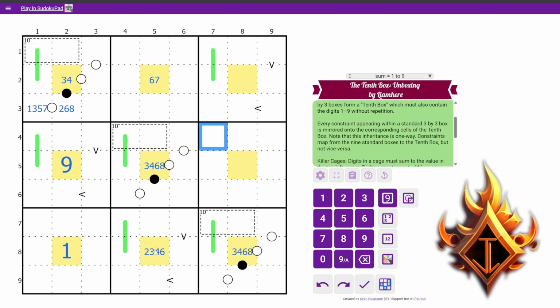Okay. So this number is less than this number. That looks fine. This number is less than that number.